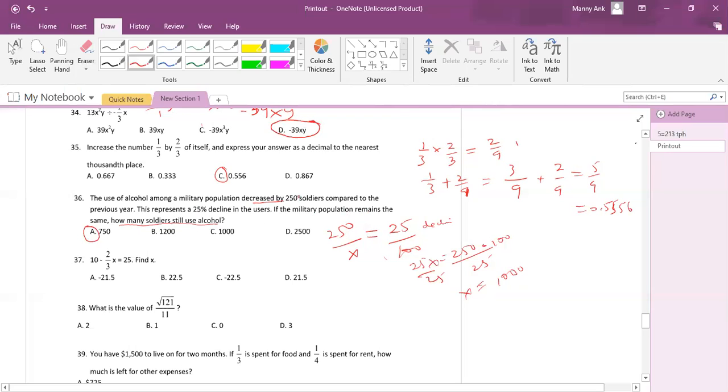You've been told that the number of people who use alcohol decreased by 250, right? So those who still use it is going to be 1,000 minus 250, and that will give us 750 still using. So it's more like a two-step approach to this question.